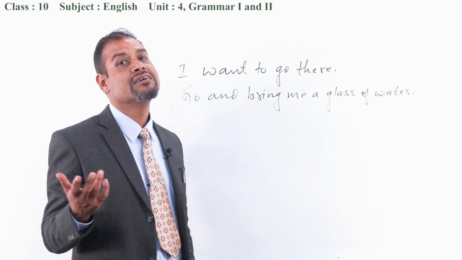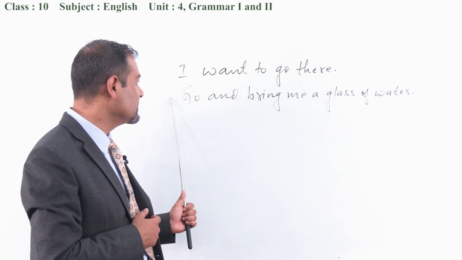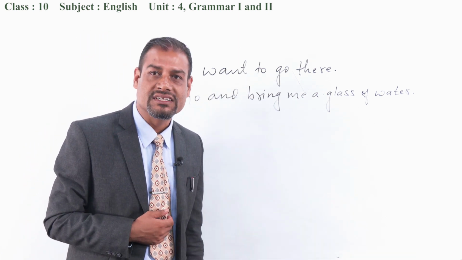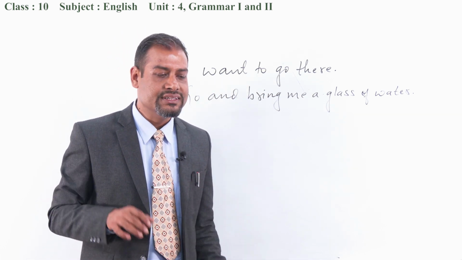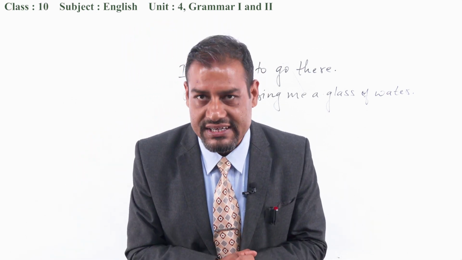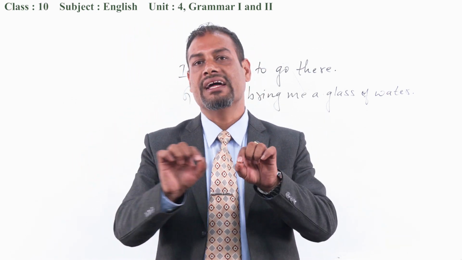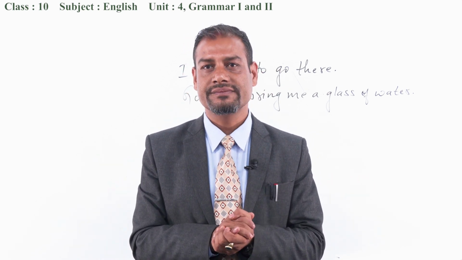It can be a command, it can be an order. But if I add here, please go and bring me a glass of water, it can be a request. So this is how imperative sentences are used in our daily communication, in our writing and in our speaking. Is it clear to you?